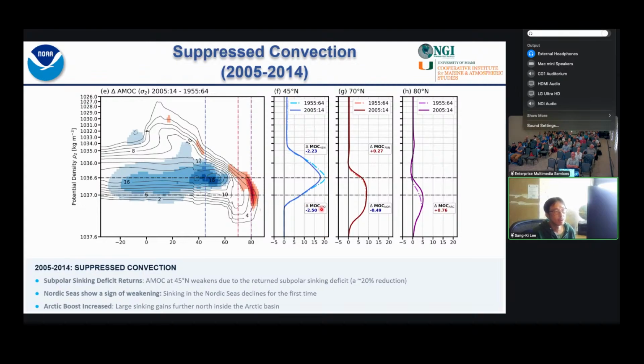And then you can see that the sinking in the Nordic Sea starts to decline for the first time in this region. And there is an increase in the sinking in the Arctic Ocean. This compensates for the sinking deficit in the Nordic Sea, so that the overall for this northern sea is pretty much stable during this particular decadal period.